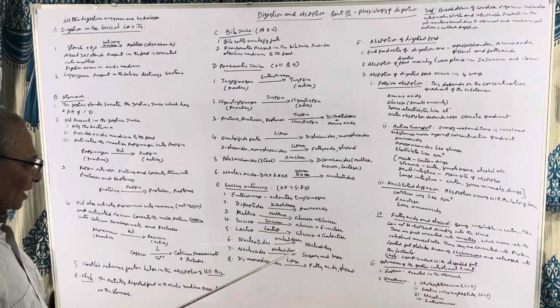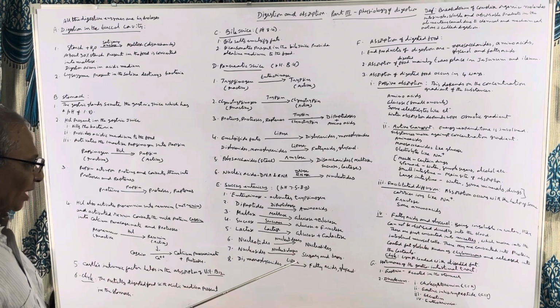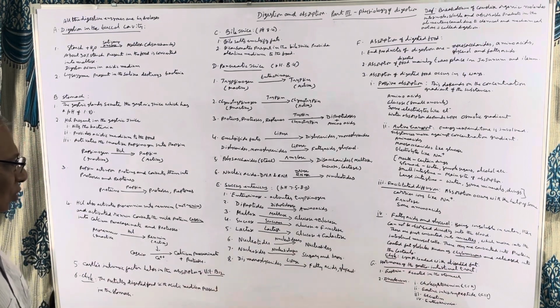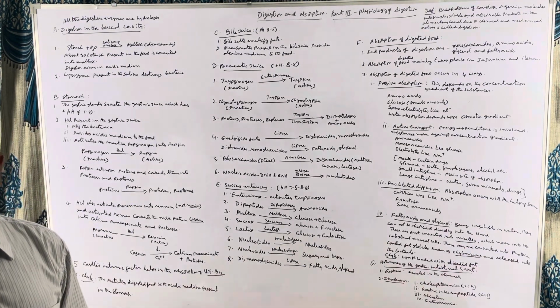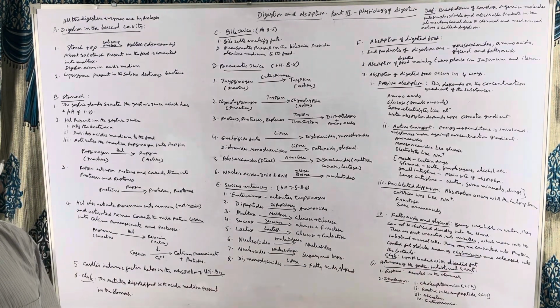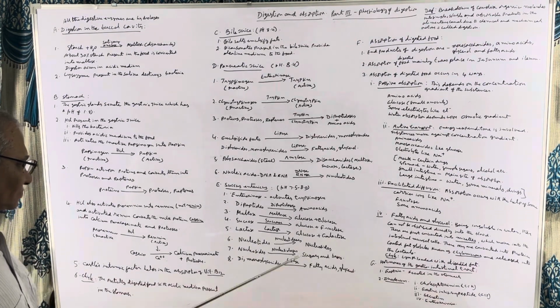Then these nucleosides are converted into sugars and nitrogen bases by the action of nucleosidases. So in this way, nucleotidases and nucleosidases convert the nucleosides into sugars and bases.